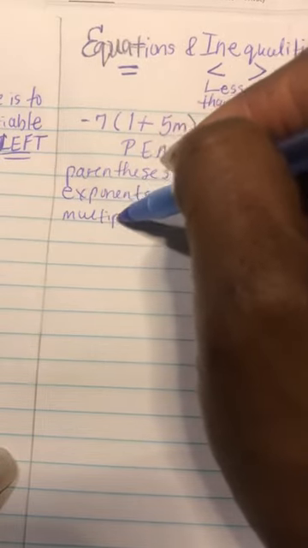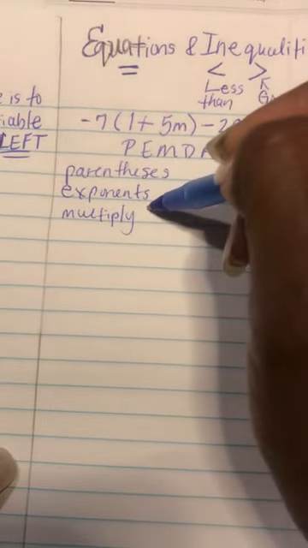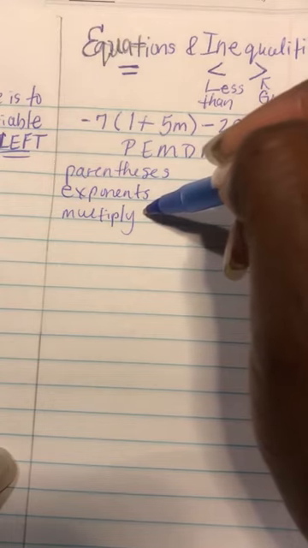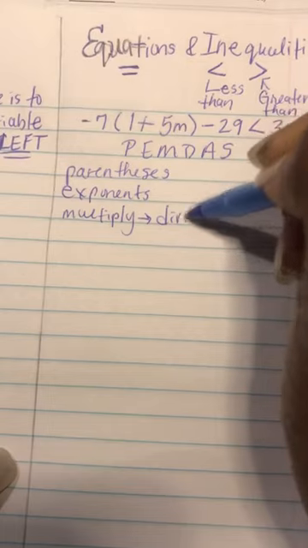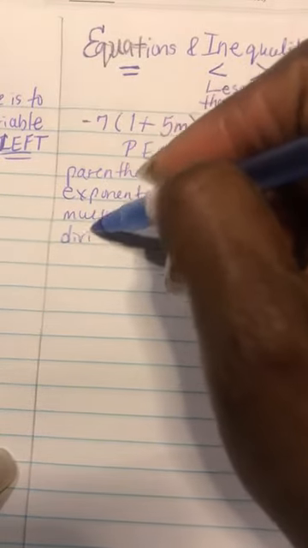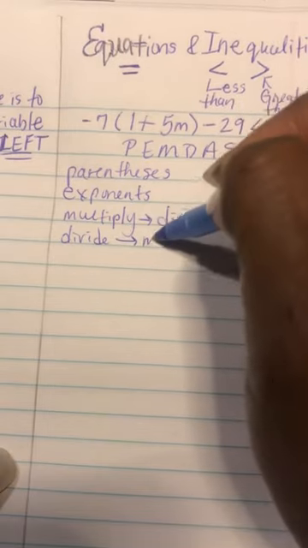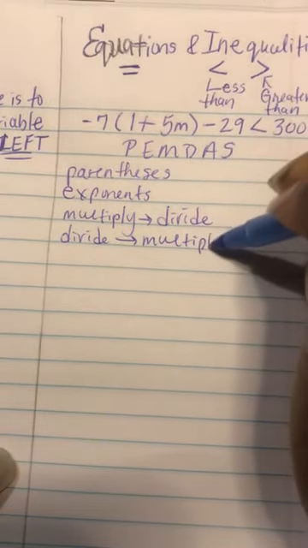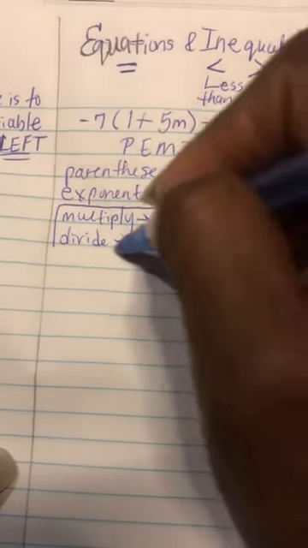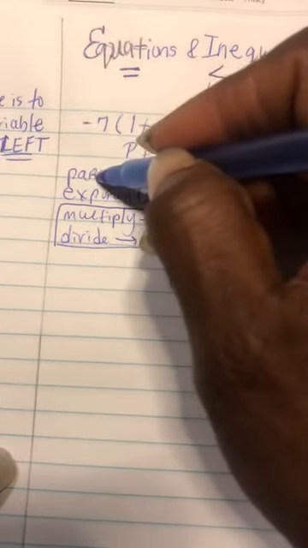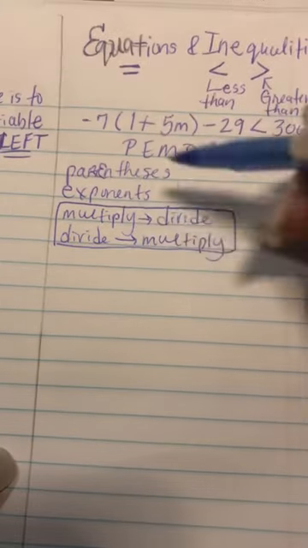The M stands for multiply, then divide. Or we can divide first, then multiply. Whichever one comes first is what we do first with these two. But parentheses always comes before everything else.